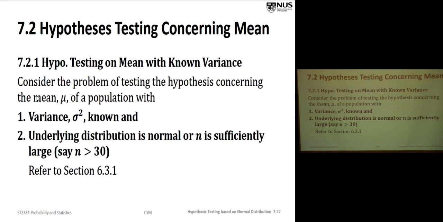So we take the following situation: hypothesis testing for a mean, where we have a random sample with a known variance. It's a normal, Gaussian sample. So we know the variance, unlikely as that is, and the sampling distributions are either Gaussian or we have a large sample size. This says refer to 6.3.1.